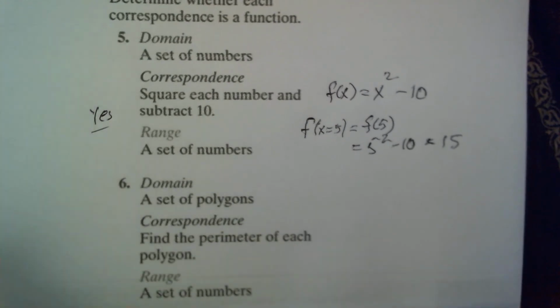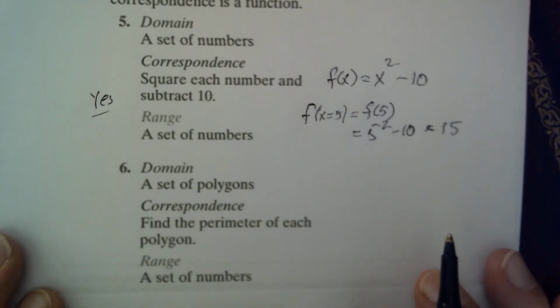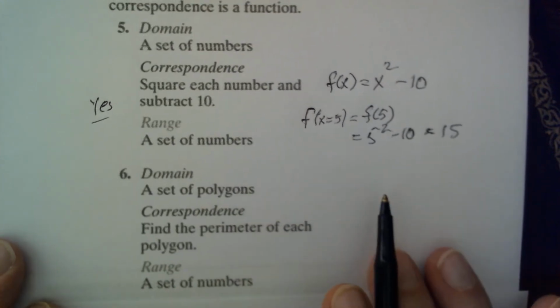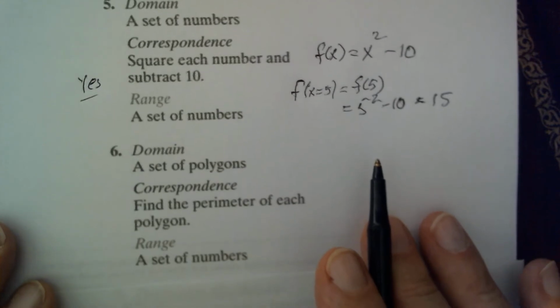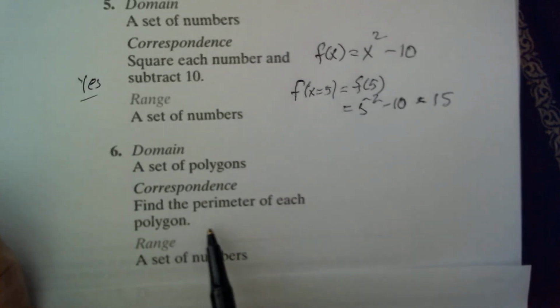Number 6 asks the same question. Is this correspondence a function? So here the input is a set of polygons. In other words, a geometric figure with multiple vertices. And the correspondence is find the perimeter of each polygon, and then the output, the range, is a set of numbers.